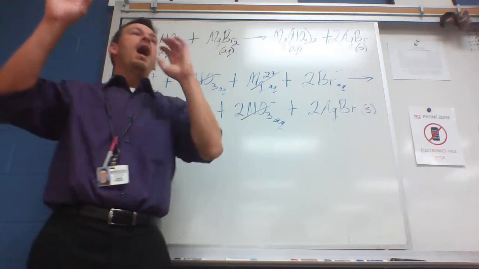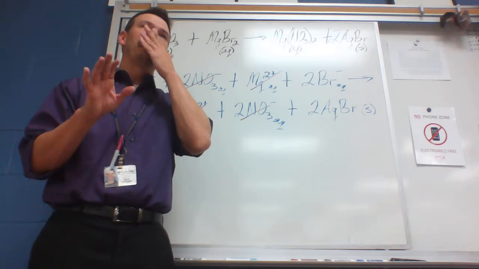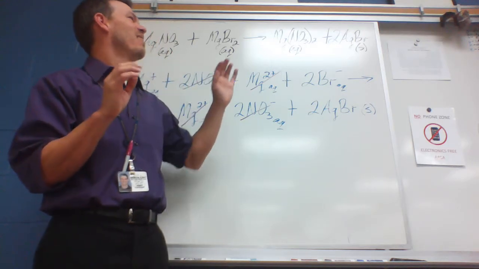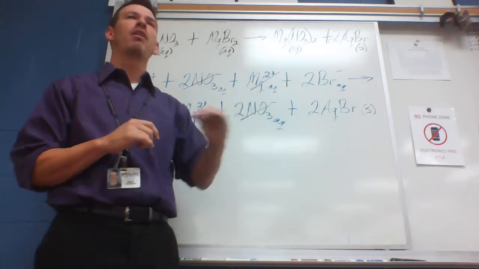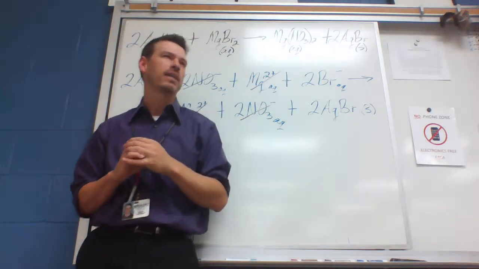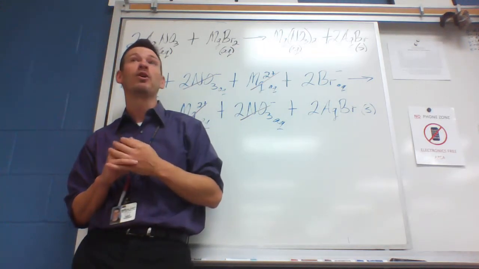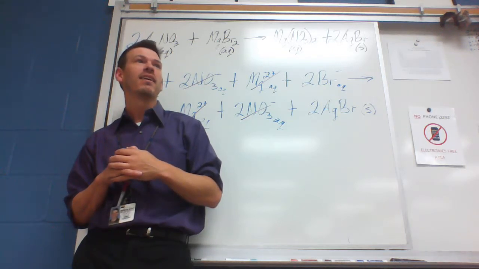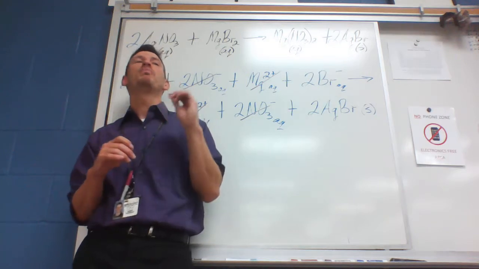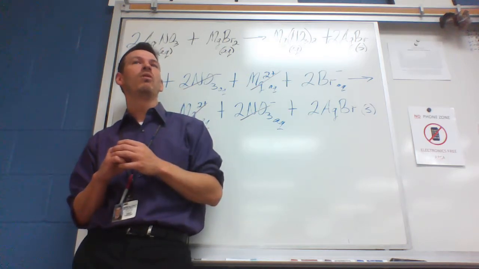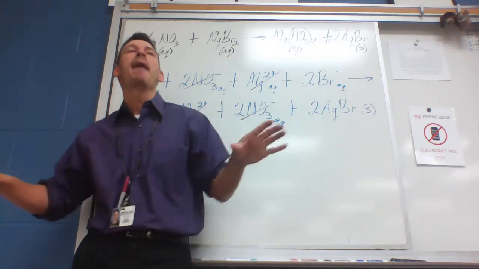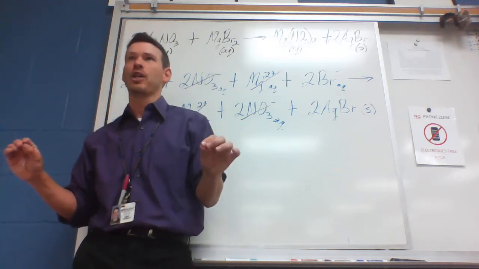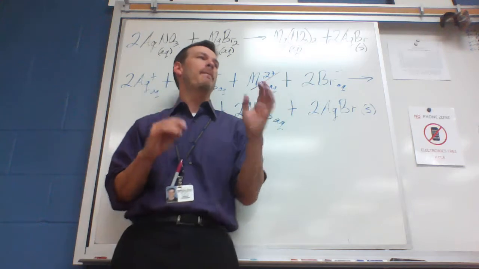Now, I want to point out what happens in a double replacement reaction if both products are predicted to be aqueous. Who remembers? If both products are predicted to be soluble, what is true about the reaction? It's a no reaction, because realize what happens.